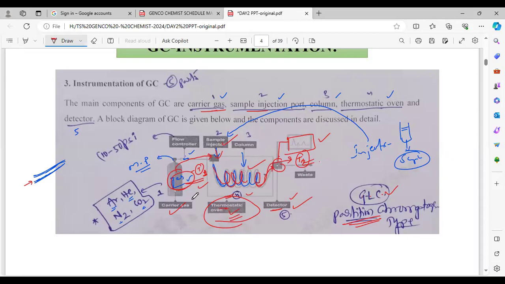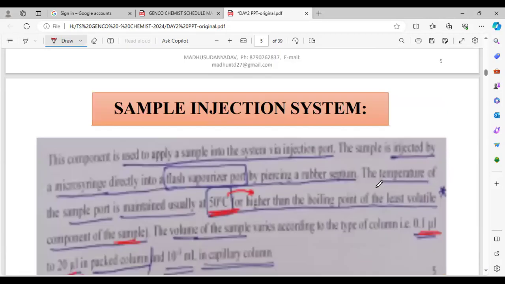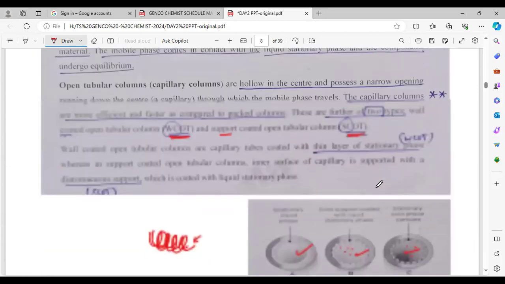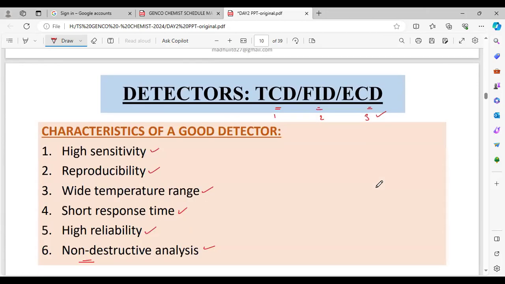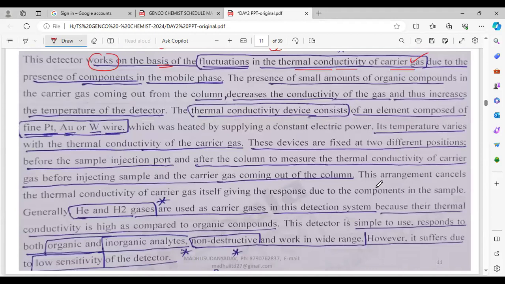When it is coming out, it will have a different temperature because it is coming out of this column which is kept in the oven. So the difference between these two, T1 and T2, will give you some idea of what temperatures it will detect, and that is shown as a graph in the final output. Let's see.